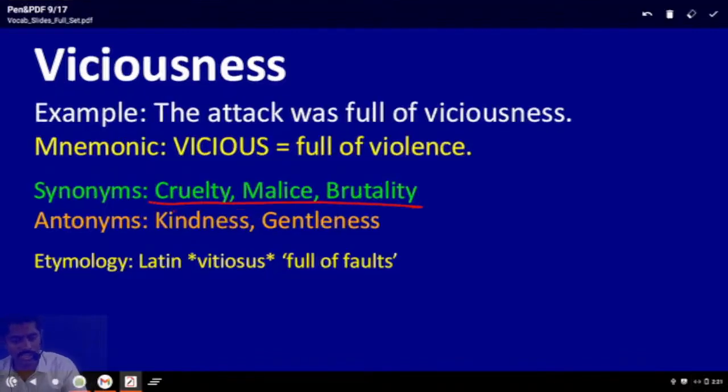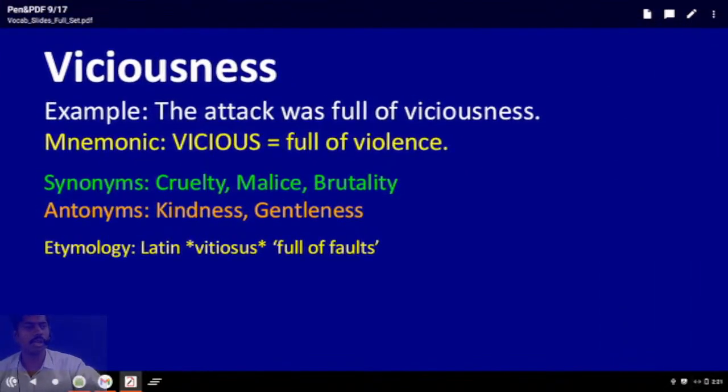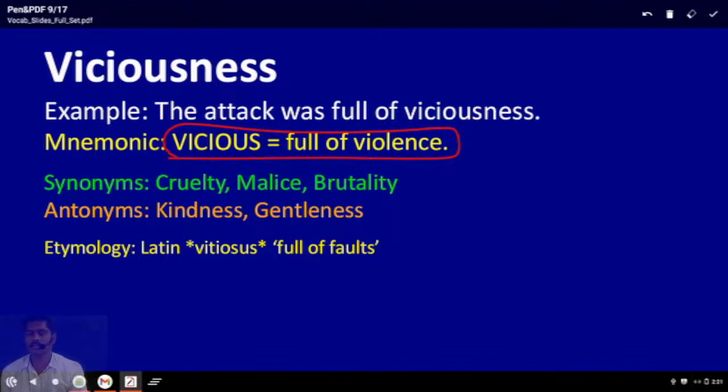Cruelty, malice. You can remember vicious is nothing but full of violence. Full of violence is called vicious. So the attack was full of viciousness. Cruelty, malice, brutality. Uncivilized, barbaric, savages.